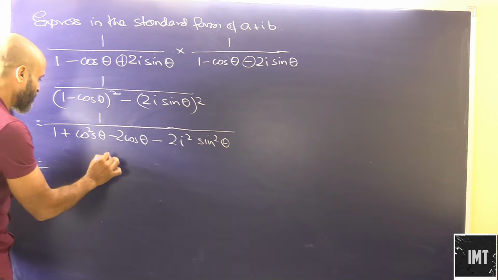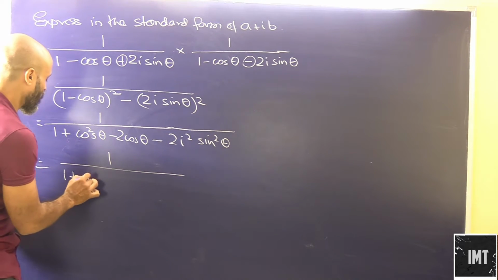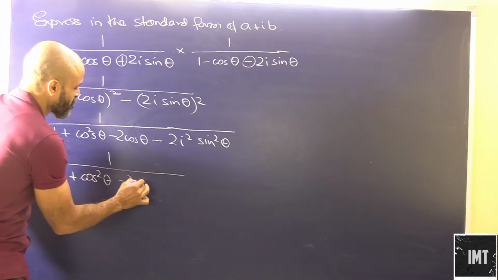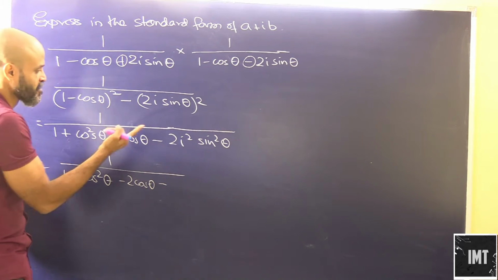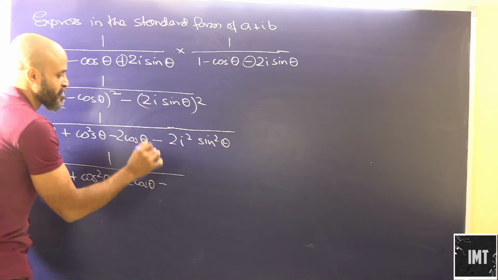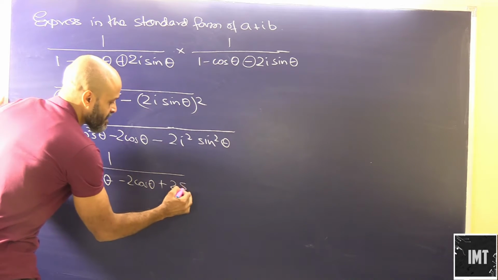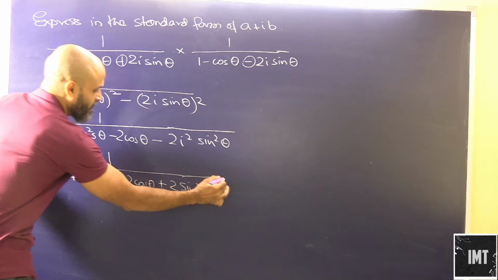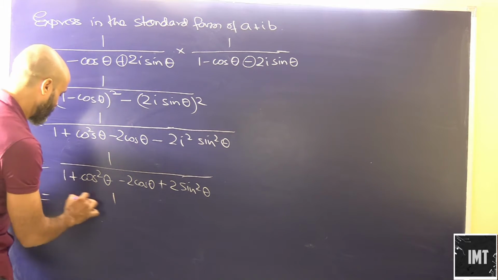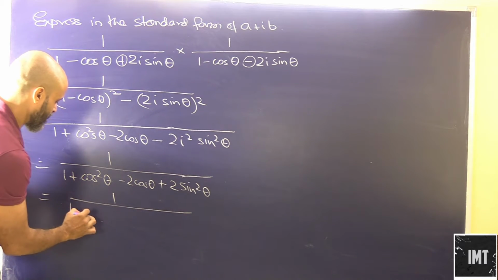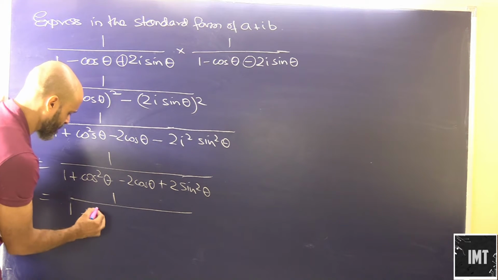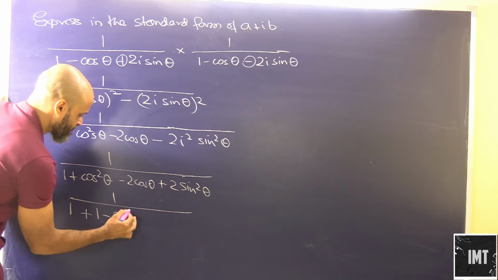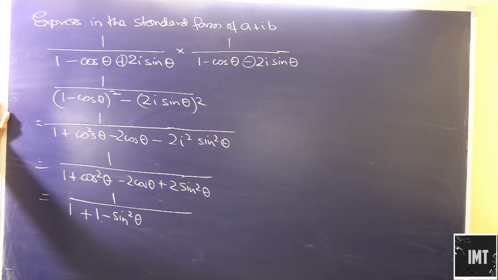So this will be equal to 1 by 1 plus cos square theta minus 2 cos theta. i square means minus 1, so this will be minus 2 into minus 1, which is plus 2 sin square theta. So this is 1 upon 1 plus cos square theta minus 2 cos theta plus 2 sin square theta. Cos square theta can be written as 1 minus sin square theta.